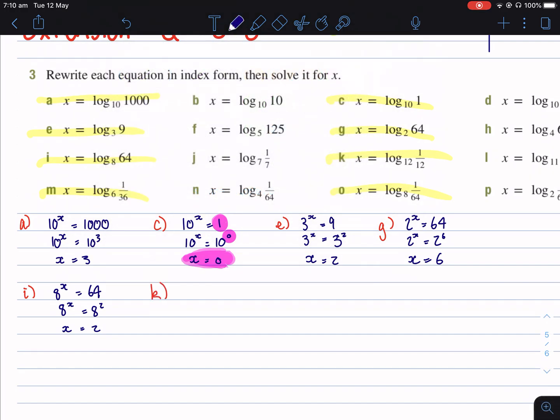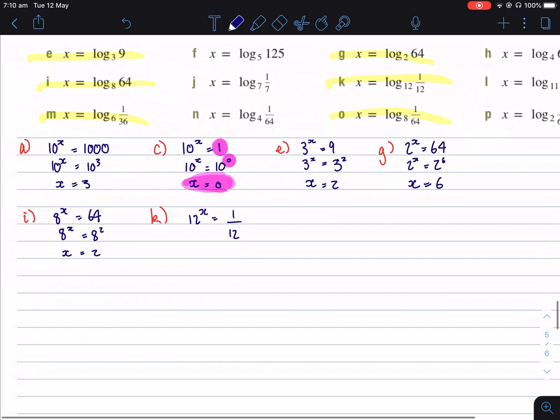We've got 12 to the x equals 1 on 12. Every time we've got fractions, by the way, just like we did in the last exercise. I'm sorry, I'm having breakfast at the moment, if you can hear that. We want to make them an index, so that's 12 to the minus 1, isn't it? 1 on 12 is the same as 12 to the minus 1, so x must be minus 1.